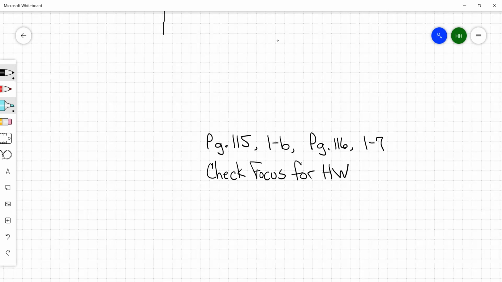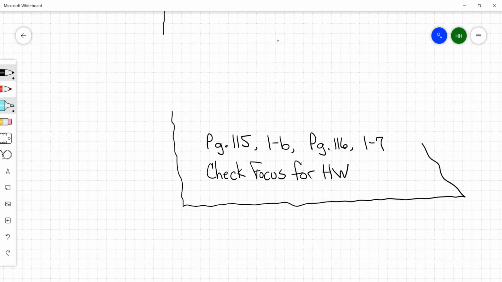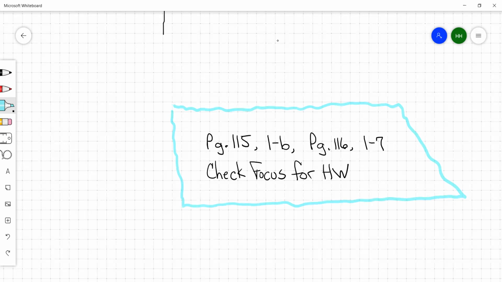Those have been the directions from day one. Back in, I don't even know when that was. Back in August sometime? End of August when we started? So when I get the questions directly out of the notes, you guys should be getting hundreds. Well, if you're doing the homework assignment, some of you don't even do them. I would recommend you do them. And when you do them, have your notes in front of you.